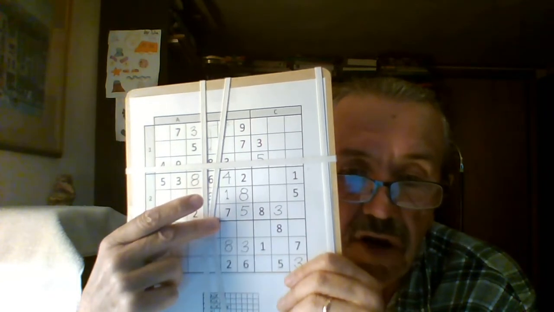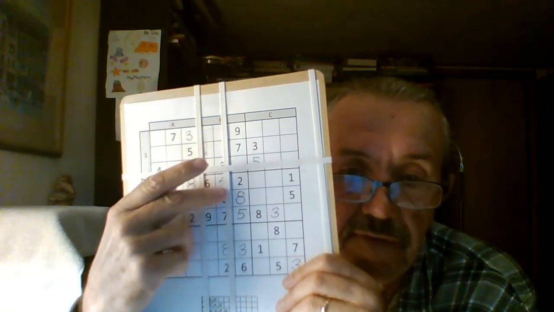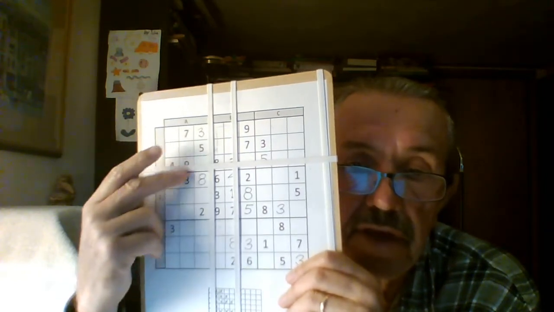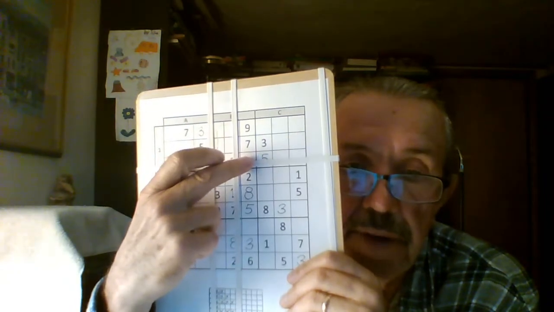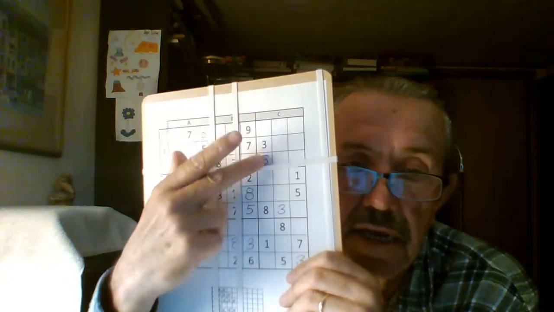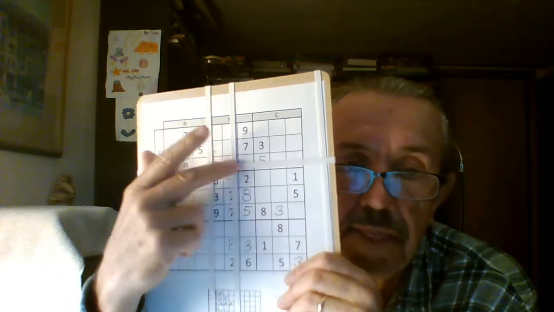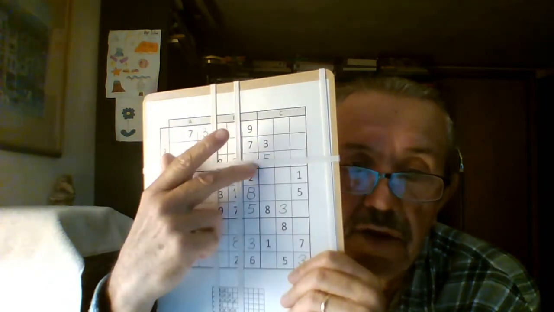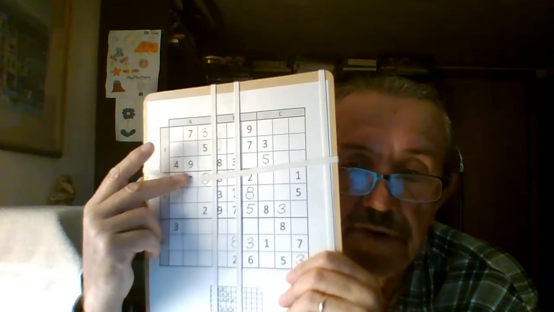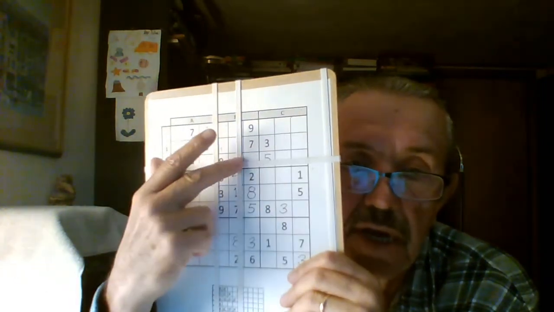You see, these columns already have 4. This space in B1 cannot be number 4 because number 4 exists in this row.